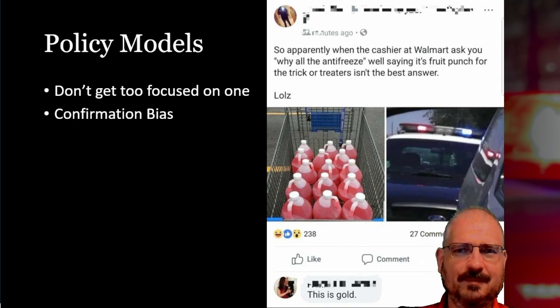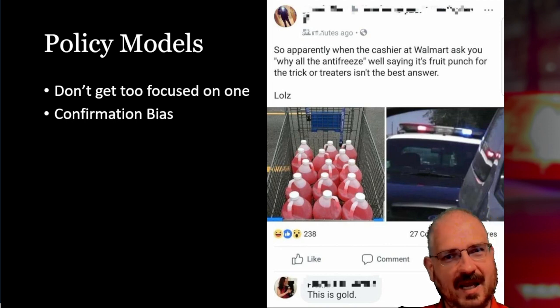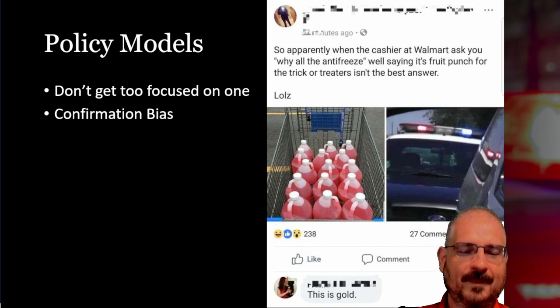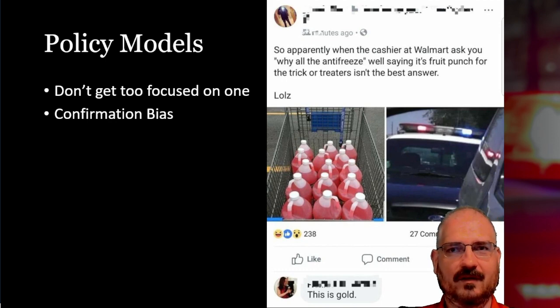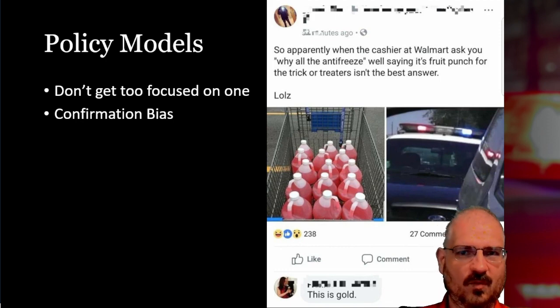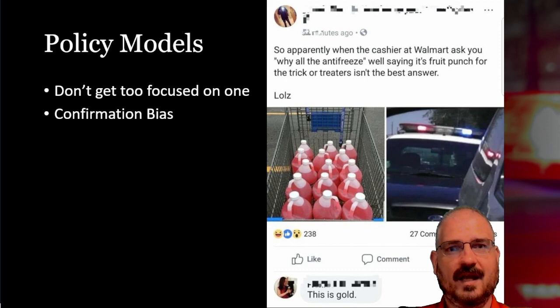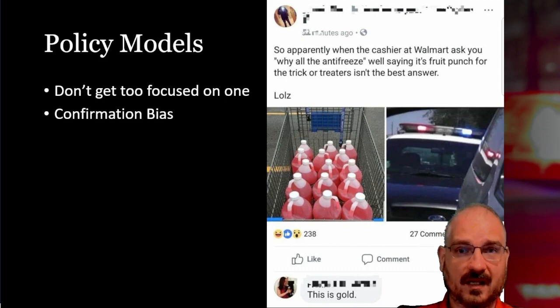And you have to really be careful of confirmation bias. Confirmation bias, which we're going to be talking about a lot later on in this course, is where if I have an idea of what's true or how something works, I'm only going to seek out sources that agree with me. If I have very strong political views, I'm only going to watch news channels that tell me what I already think and believe.